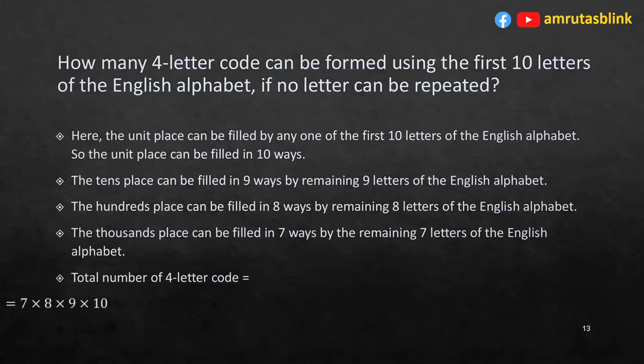So the total number of 4-letter codes will be 7 into 8 into 9 into 10, that is 5040. So we can create 5040 4-letter codes out of first 10 letters of English alphabet when repetition is not allowed.